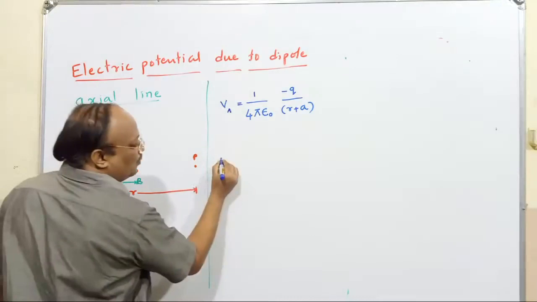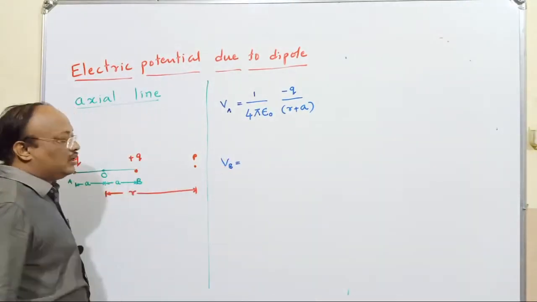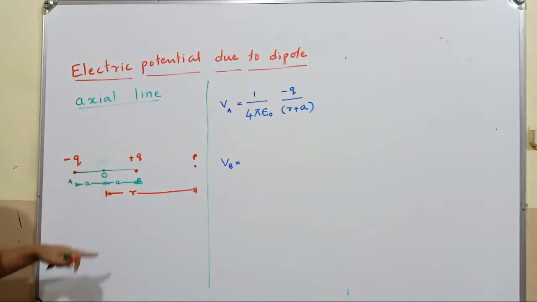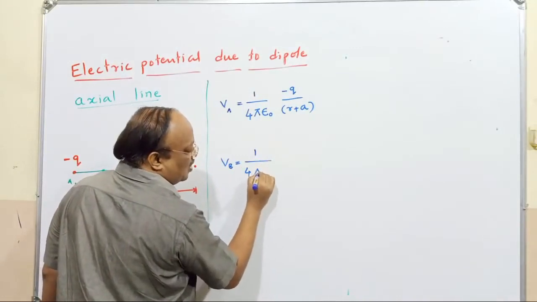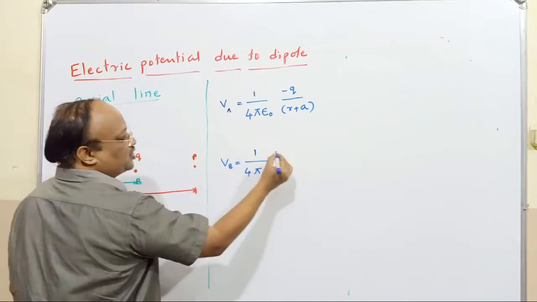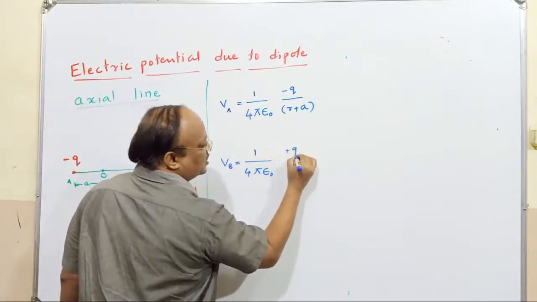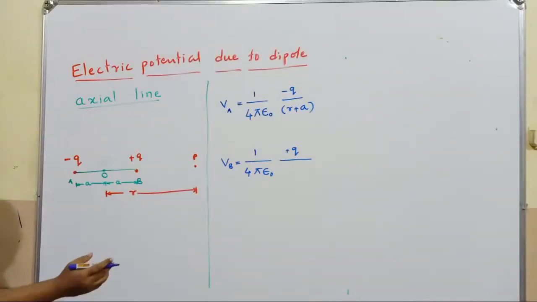So because of this positive charge, what is it? 1 by 4 pi epsilon naught. What is the charge here? Plus q. What is the separation?